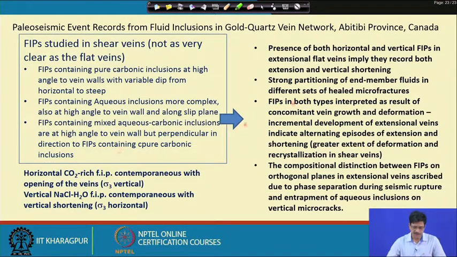So, the implications of this, the presence of both horizontal and vertical fluid inclusion planes in extensional flat veins imply that they record both extension and vertical shortening, strong partitioning of end member fluids in different sets of healed microfractures.